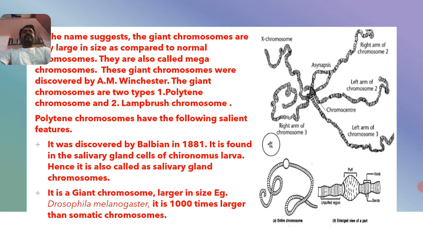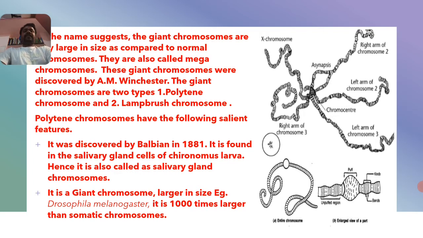So what are the salient features of polytene chromosomes? See, the polytene chromosome was discovered by Balbiani in the year 1881. It is found in the salivary gland cells of Chironomus larva.